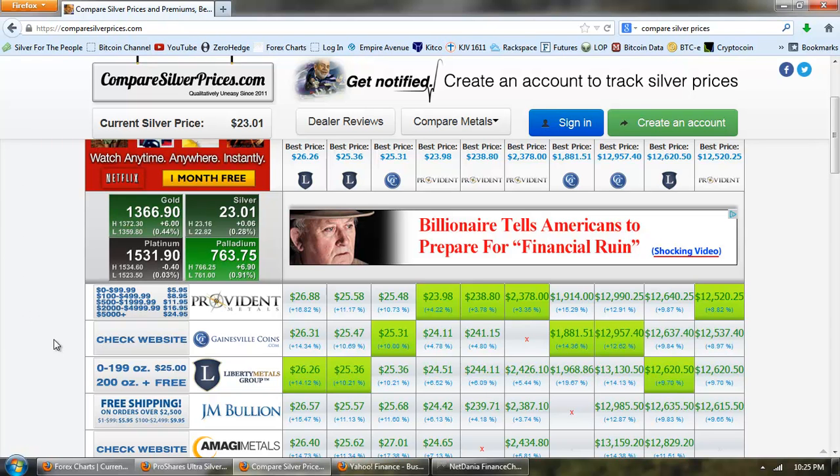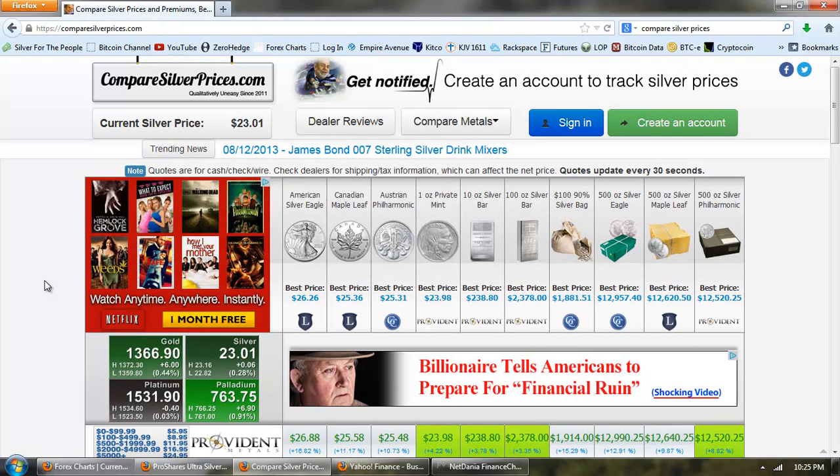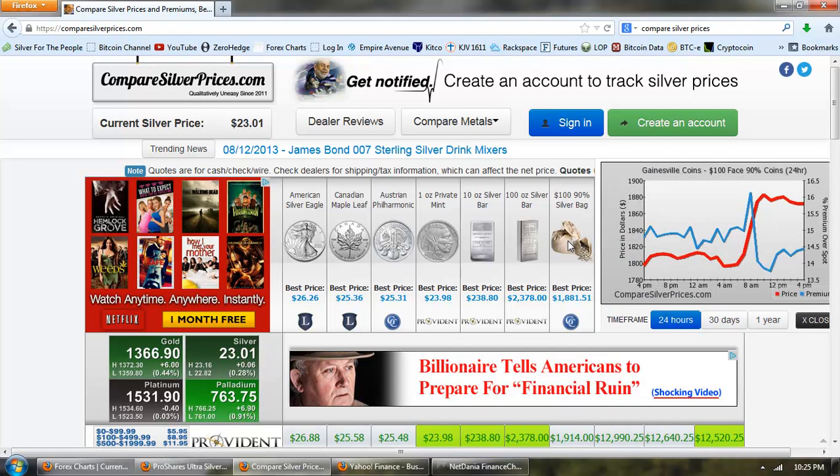So we've got Provident on the top and Gainesville second place. You can see here on our important category of the junk silver bags, we're still at quite a bit of premium. Now, the way to understand these charts is that the red line, of course, is the price of silver, and you can see that it took off.